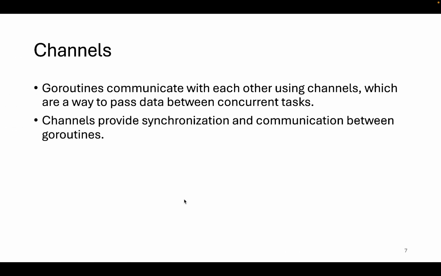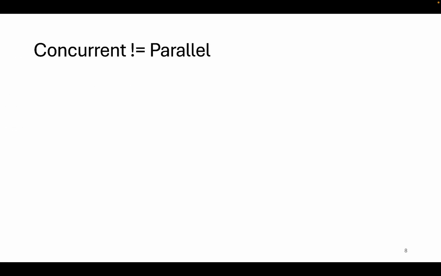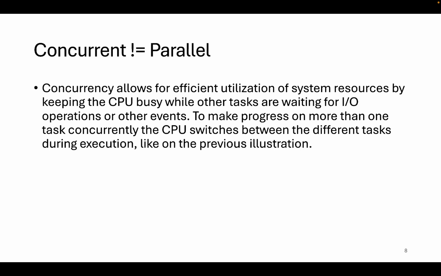Back to the slides. As I mentioned earlier in the previous videos, concurrent is not the same as parallel, because concurrency allows for efficient utilization of system resources by keeping the CPU busy while other tasks are waiting for I/O operations or other events.